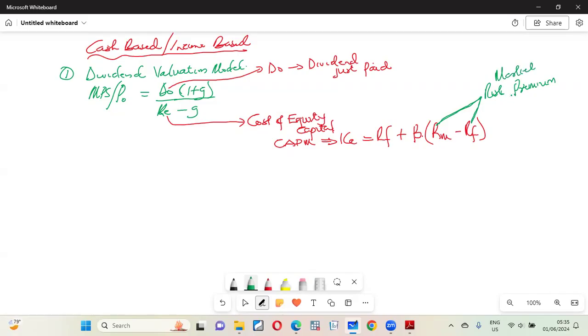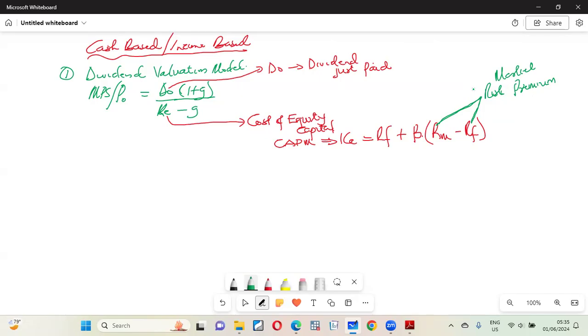If you see a risk premium in the question, it means the one in the bracket has already been done for you. You don't redo it. So that is how we find the Ke.